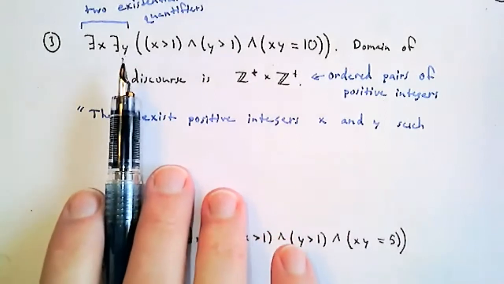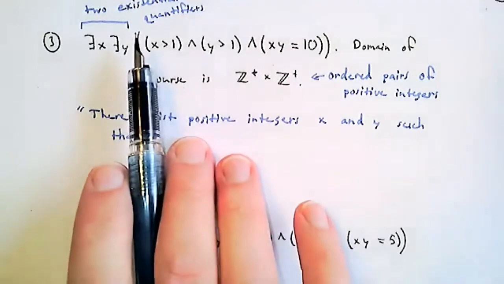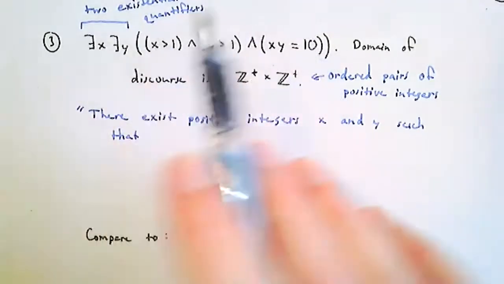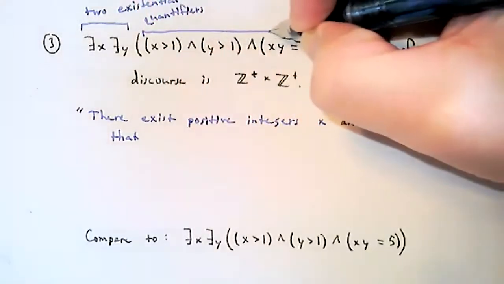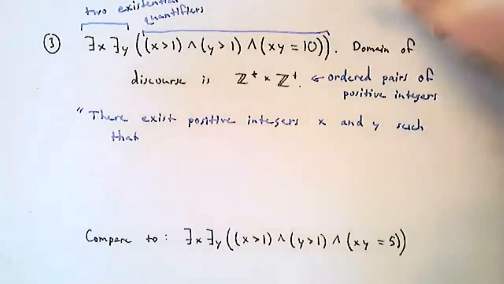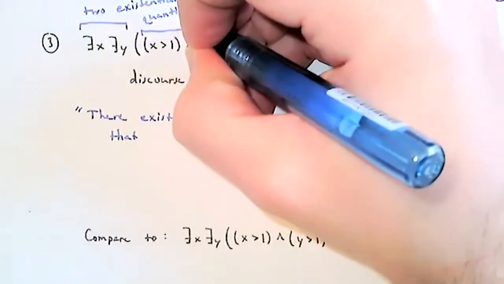Here the x and the y tell you that you're plugging x and y into this statement. If we think of the propositional function, this is going to be p of x comma y.